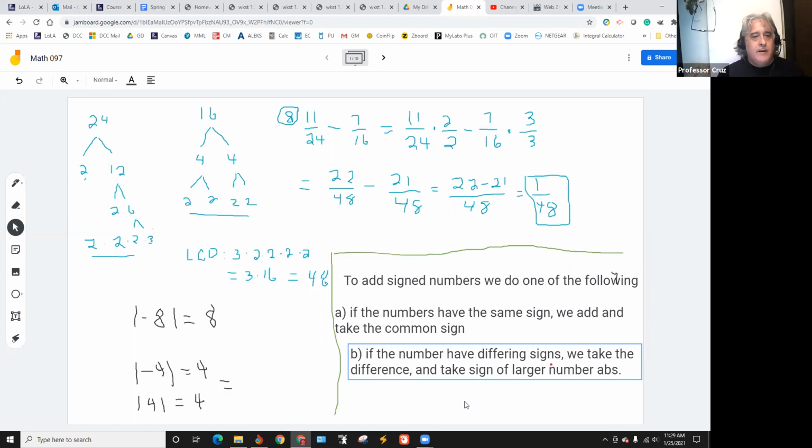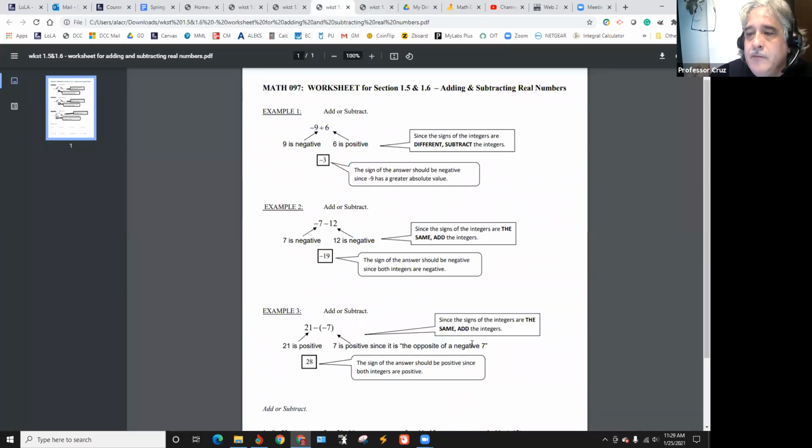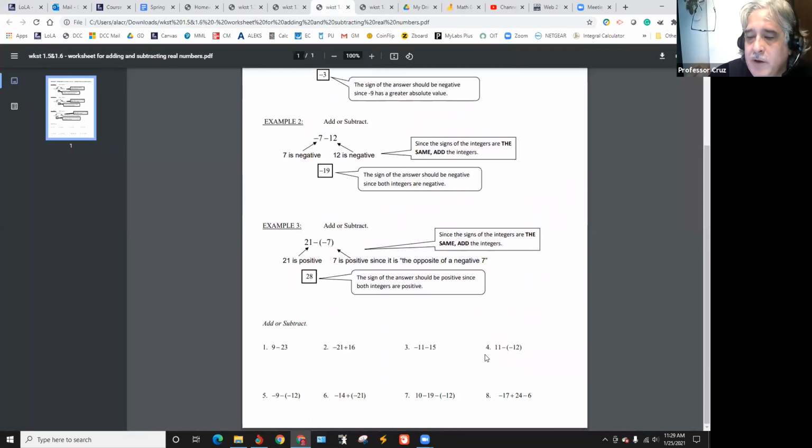So you would subtract, or take the difference, that's what subtract is, and then take the negative sign from the negative 20, because it's larger, and that's an air quote larger. Technically, it's not larger, but it has a larger absolute value. So that was what this was all about here. Okay. Any questions about that?